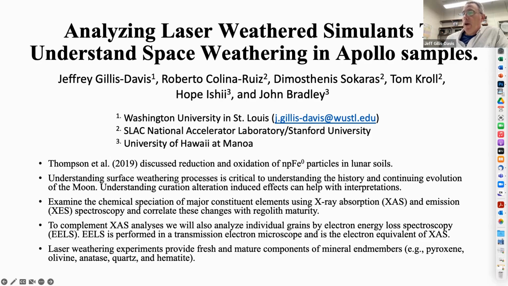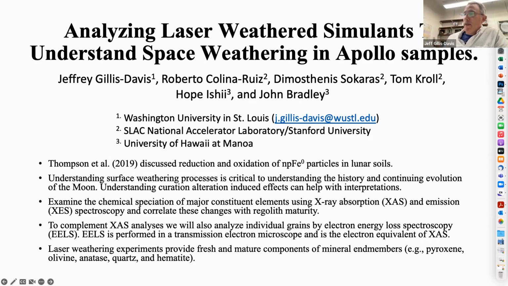And the way we are analyzing the samples is using X-ray absorption and X-ray emission, using the SLAC National Accelerator Laboratory with my co-authors Roberto Colina-Ruiz, Dimos Sarakis, and Tom Kroll.